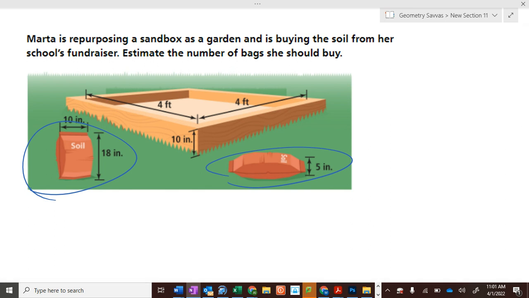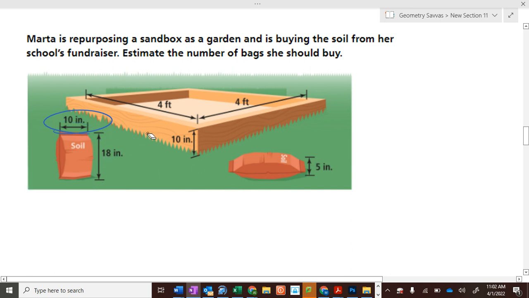Okay? Now, what are the dimensions all measured in for the bags of soil? Inches. So we have feet up here. Is it easier to change 5 inches into feet or 4 feet into inches? Much easier to change feet into inches.